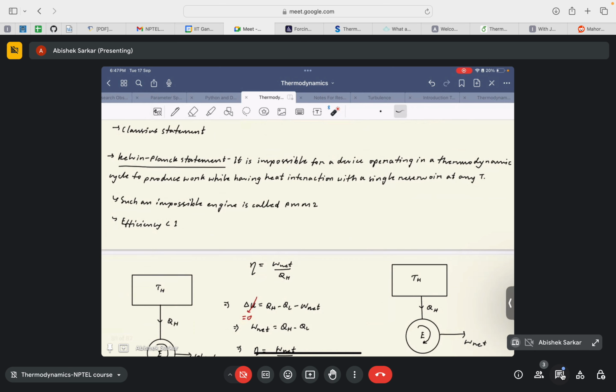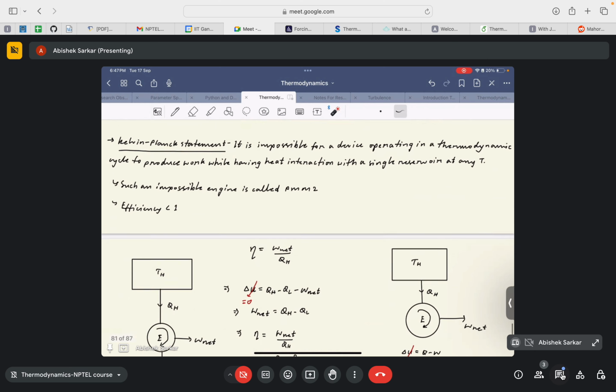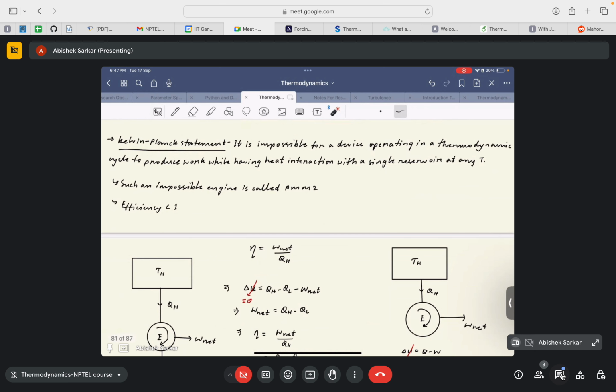So the Kelvin-Planck statement says that it is impossible to have a device operating in a thermodynamic cycle to produce net work while interacting only with a single thermal reservoir at any temperature. A device that could produce work while operating with only a single thermal reservoir is known as PMM2, or perpetual motion machine 2.